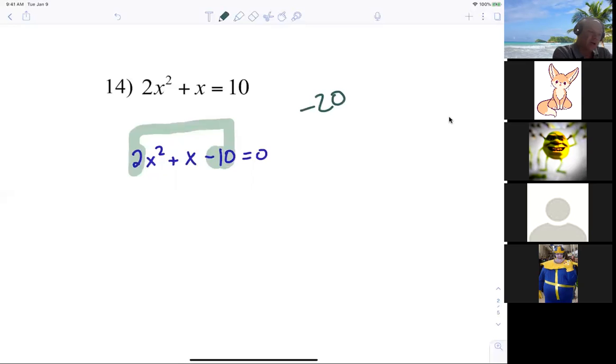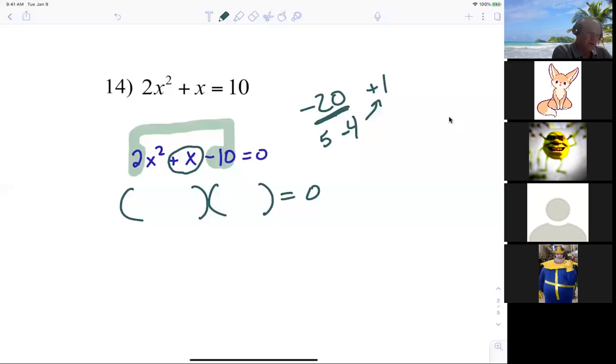If there are factors of negative 20 that are equal to the middle term, which is a positive 1, it can factor. So how do I know that can factor? Because I know that 5 times negative 4 equals negative 20, and 5 minus 4 is 1. So I know it factors. All right. So with that being said, it's much easier to do the factoring rather than using the quadratic formula.